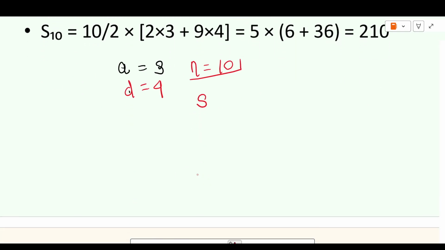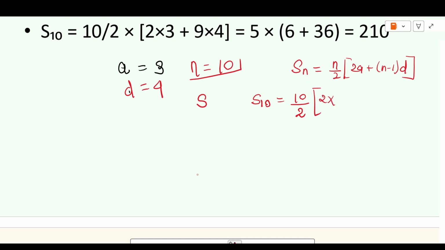Now we use the simple formula. You know that Sn is equal to n by 2 (2a plus (n minus 1) into d). Here n is 10, so 10 divided by 2, a is 3, n minus 1 is 10 minus 1, and d is 4.